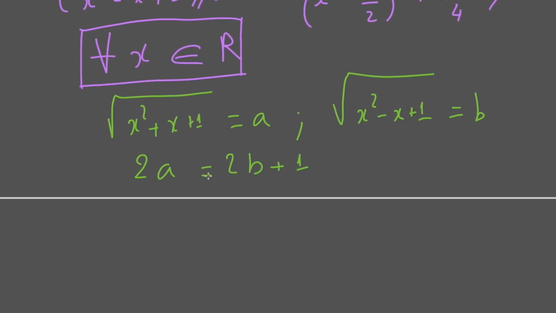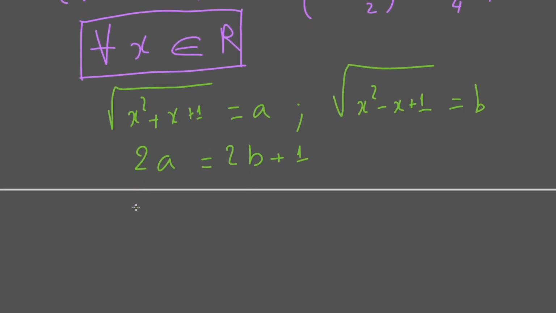However, in this problem, it's quite different from the others. When you square, a squared equals x squared plus x plus 1, and b squared equals x squared minus x plus 1. So we cannot get a relationship between a squared and b squared that removes the dependency on x.